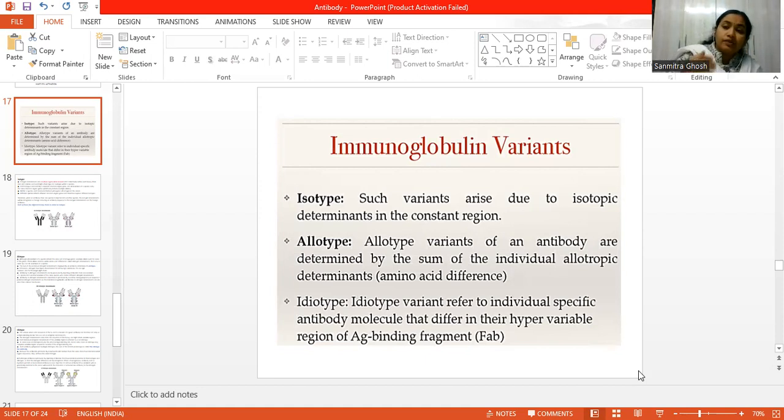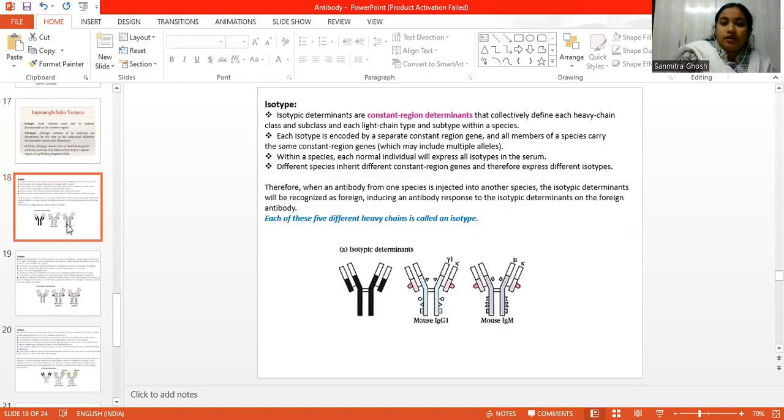So now we will move on to the elaborate discussion about each and every one of these immunoglobulin variants, and we will start with the isotype. Now, as you can see in this particular picture, this black portion is the region where this isotypic variation is actually confined.